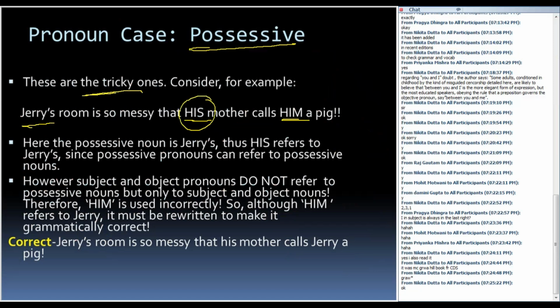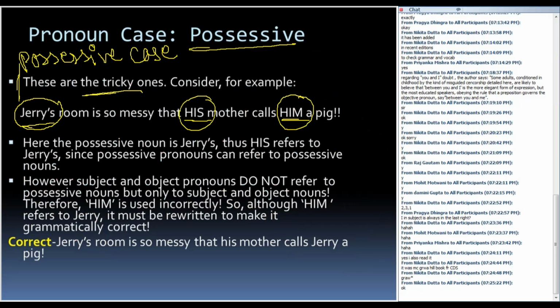Now, I have used two pronouns, his and him. It seems that both of them refer to Jerry. Okay? But this noun, Jerry's, it is in the possessive case. Yes or no? It is in the possessive case. And we know that all cases should be in agreement.